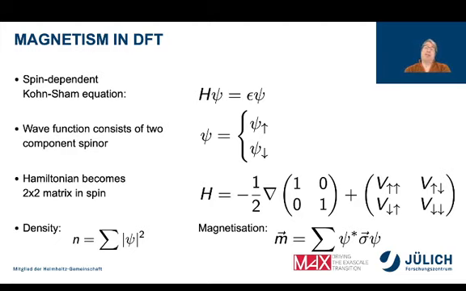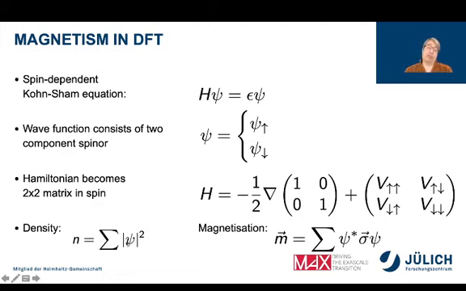That means, first of all, that the wave function now consists of a two-component spinor with a spin-up and a spin-down component, right? And as a consequence, the Hamiltonian becomes a 2x2 matrix in spin space, where the kinetic energy is, of course, diagonal in spin, but the potential can have off-diagonal parts.